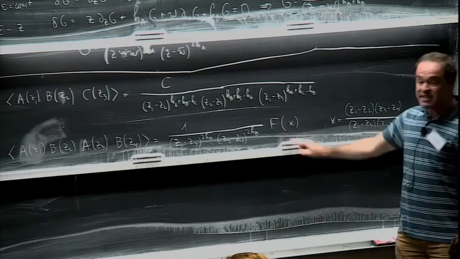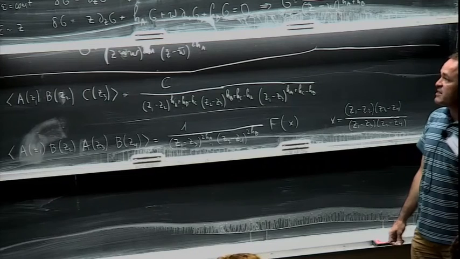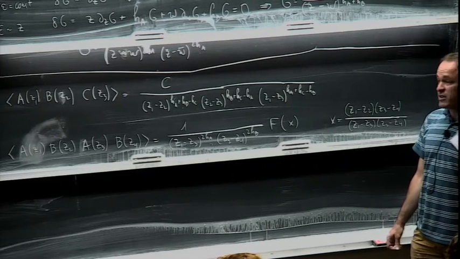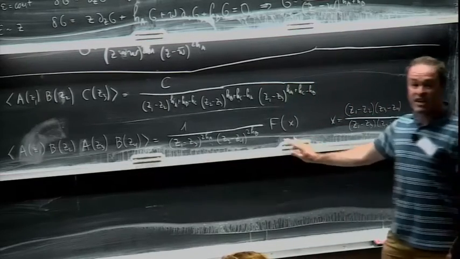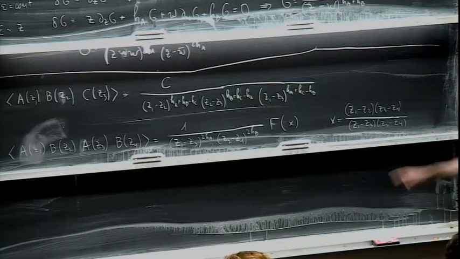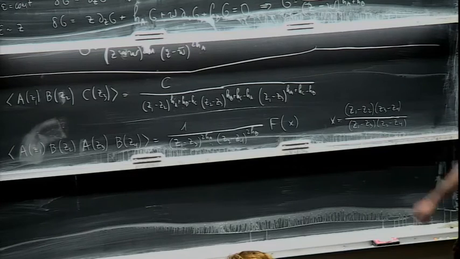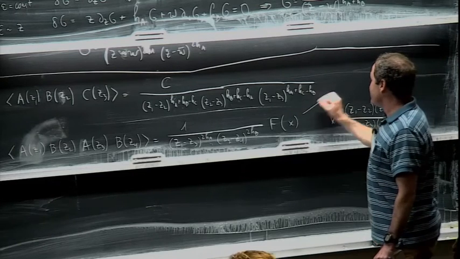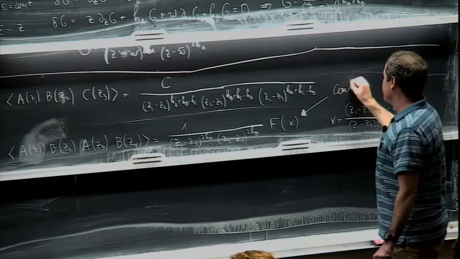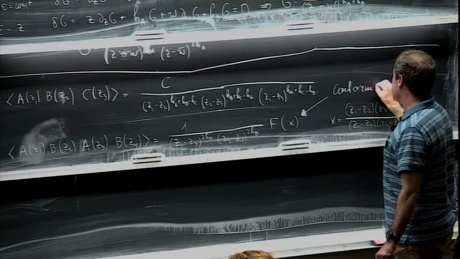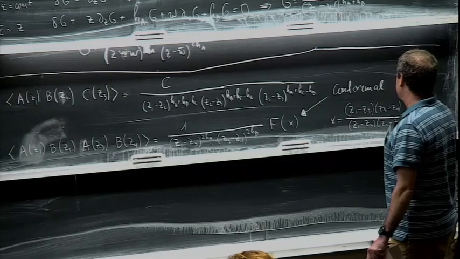And this f of x is arbitrary. It cannot be determined by conformal transformations only. The conformal transformations fix this prefactor, but they leave this function arbitrary. This is the function which is called the conformal block, and it is the one which eventually becomes important for quantum Hall. But right now we know very little about what they are and where they come from.